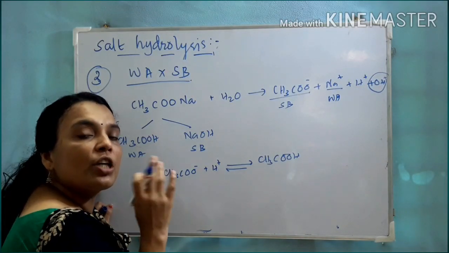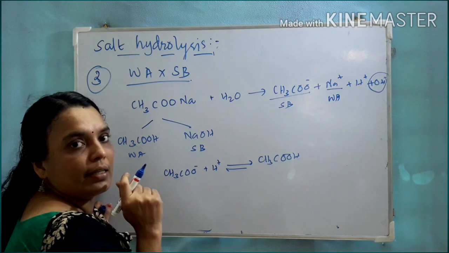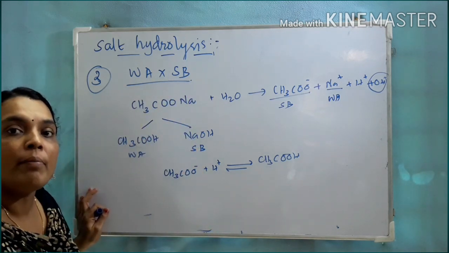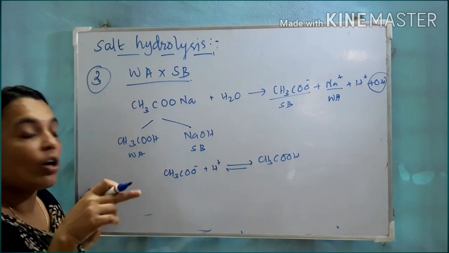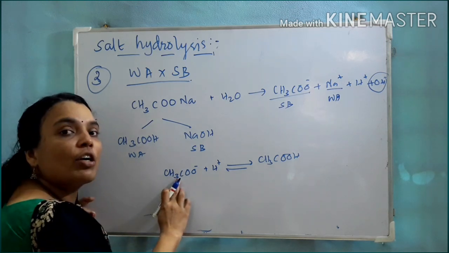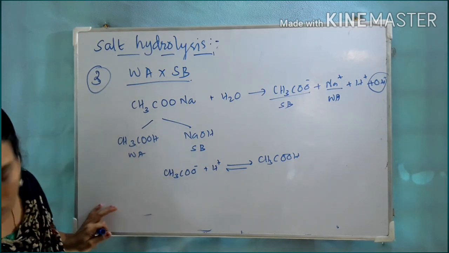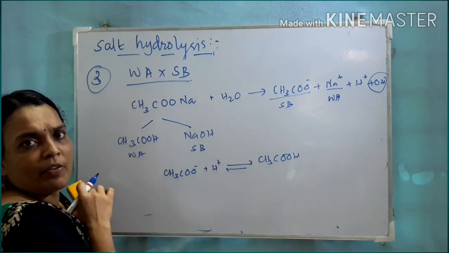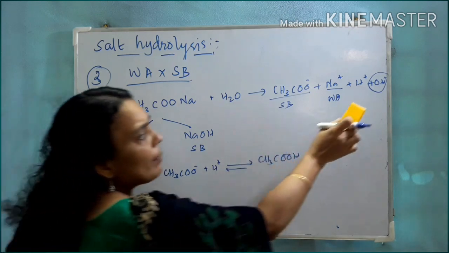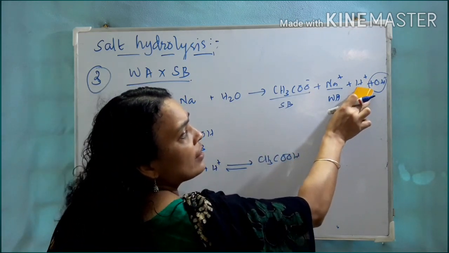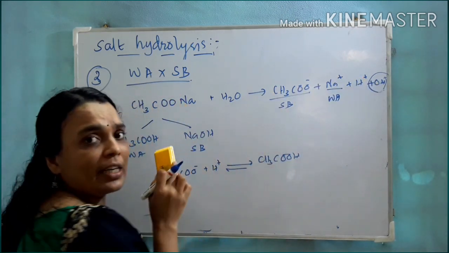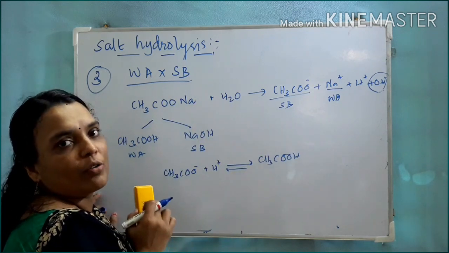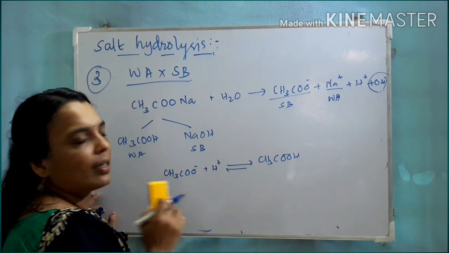That is why the solution becomes basic. So remember, for weak acid and strong base the solution becomes basic. So the anion can undergo hydrolysis. But remember here, OH minus ion is in excess. So first we want to calculate pOH, then only we can calculate pH. Clear?